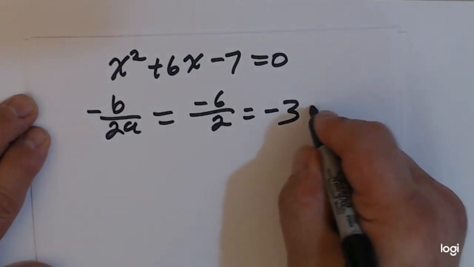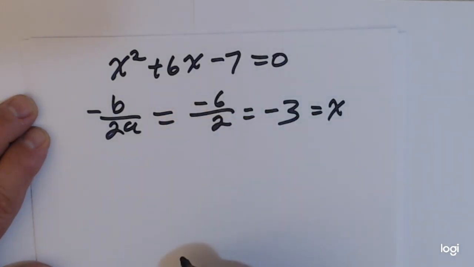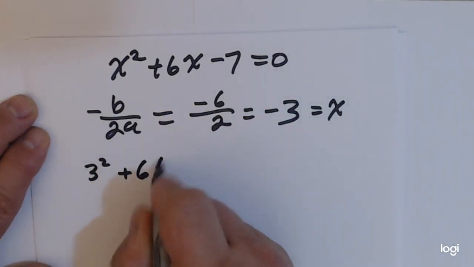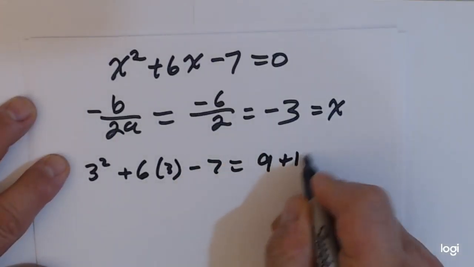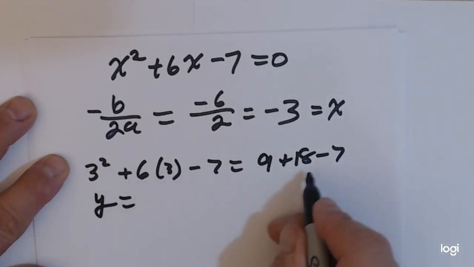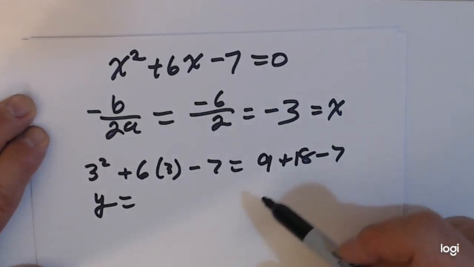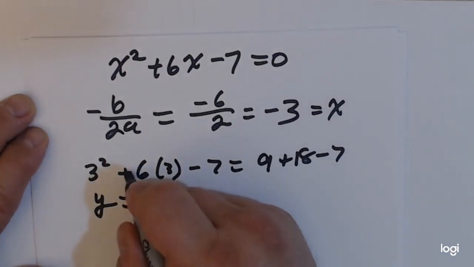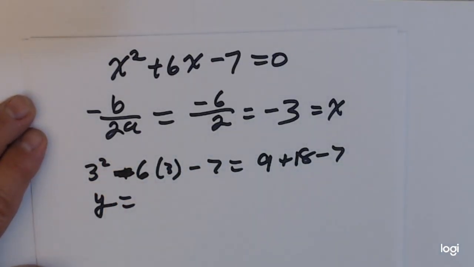And we're going to take negative 3 and plug it back into the original equation. So we get negative 3 squared plus 6 times negative 3 minus 7, which is 9 minus 18 minus 7. Let's see. Is this right? 9 minus, whoops. That's a minus there.